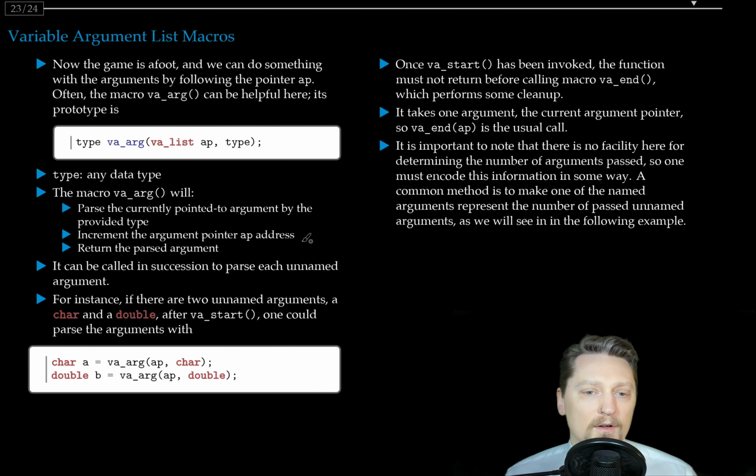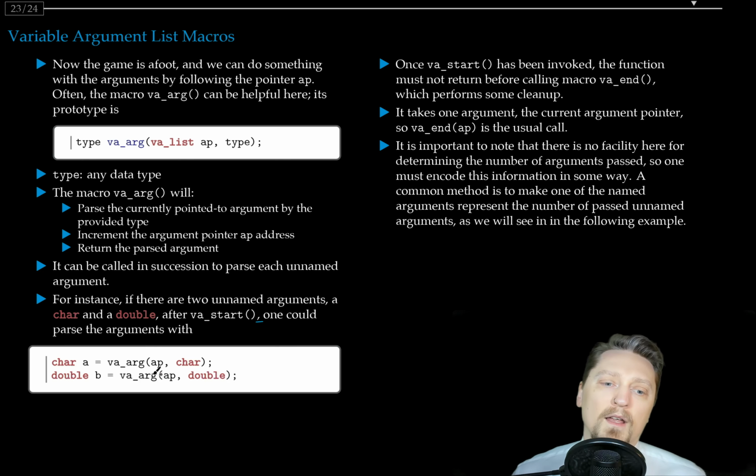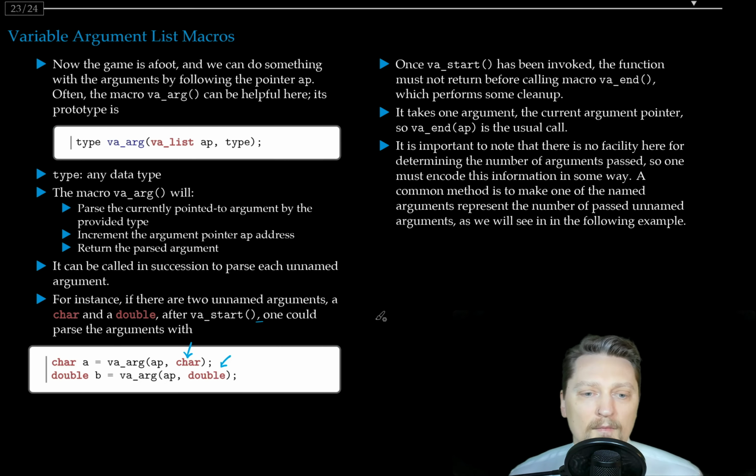It can be called in succession to parse each unnamed argument. For instance, if there are two unnamed arguments, a char and a double, after va_start, one could parse the arguments with char a = va_arg(ap, char), where we say a is going to be a character, and double b = va_arg(ap, double), so the second argument is going to be a double.